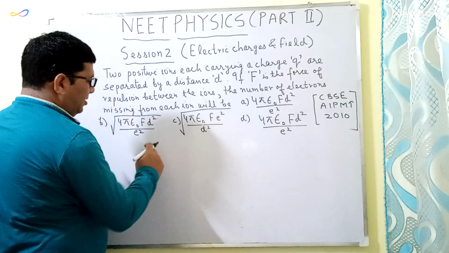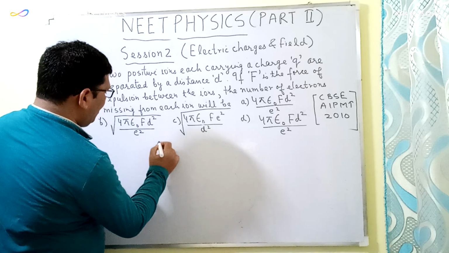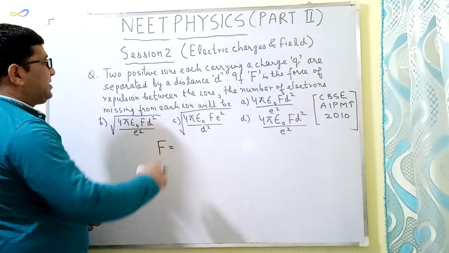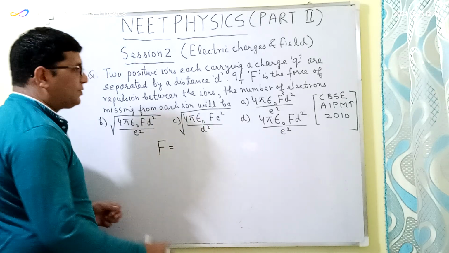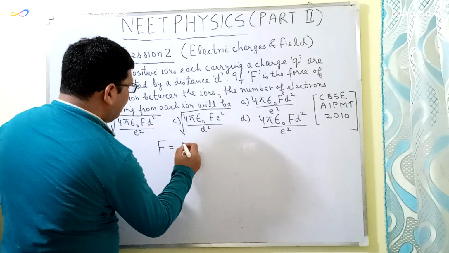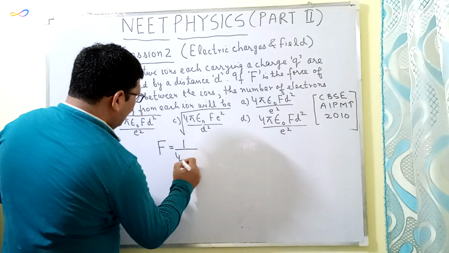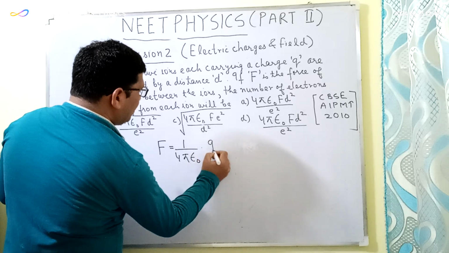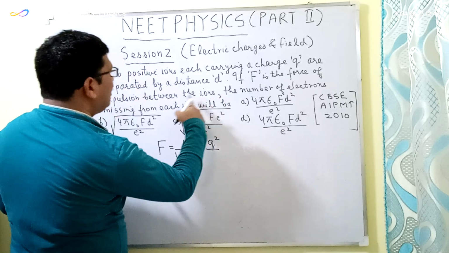So here, the force of repulsion, that is the electrostatic force between these two ions carrying a charge q, is given by 1 by 4 pi epsilon naught q square upon d square.